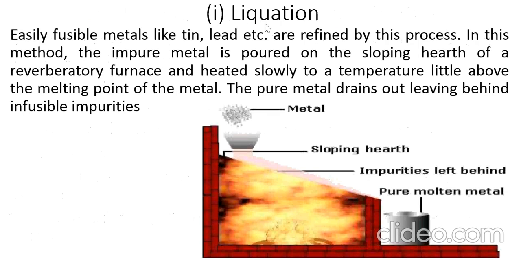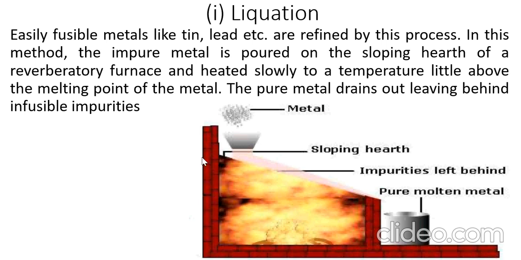So let's start with the first one here, liquidation. We're looking at easily fusible metals that have lower melting temperatures, like tin and lead. Lead has about 300 plus, while tin has about 270 plus. So as you heat, you expect that the impurity has higher melting temperature.